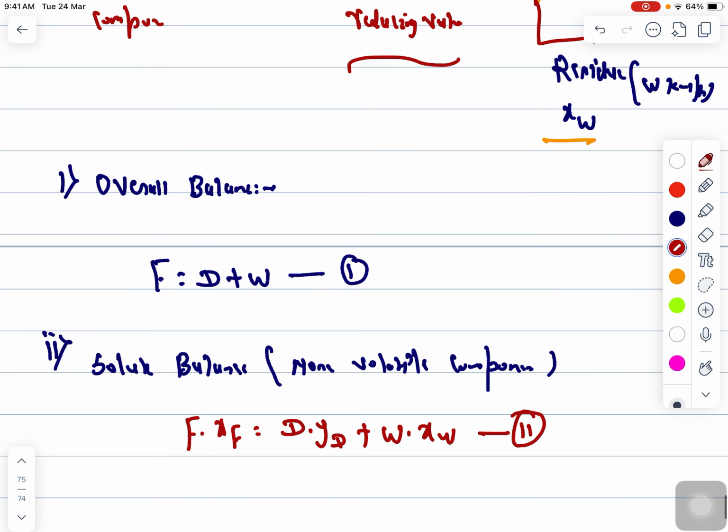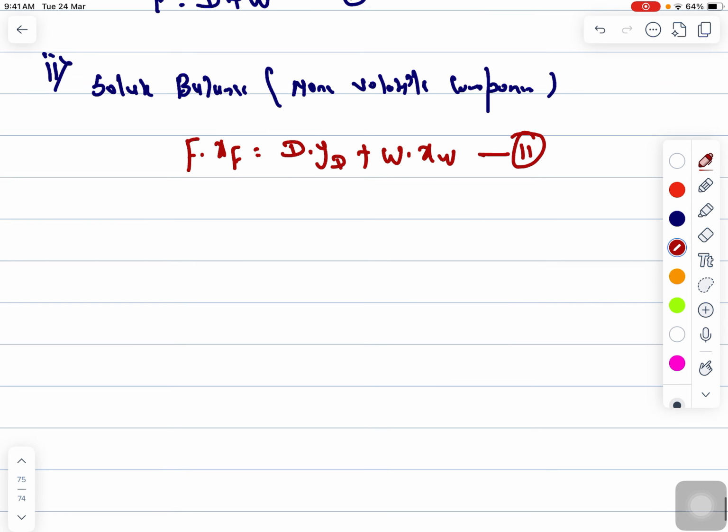So first I'll take one simple example of a continuous distillation column.